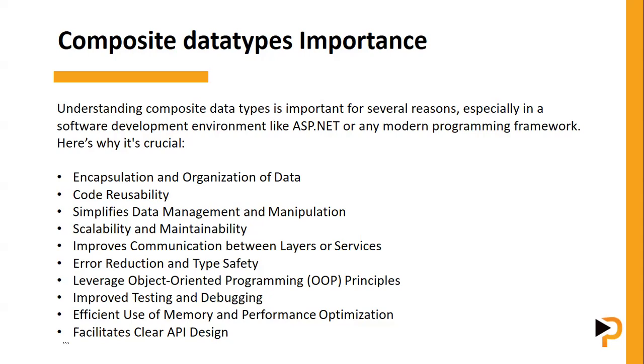These are the options, but if this is the scenario, which option is beneficial for you? If you want to improve performance, instead of a class you can go ahead with a struct. So in summary, understanding composite data types is essential and really useful because it provides lots of different advantages.